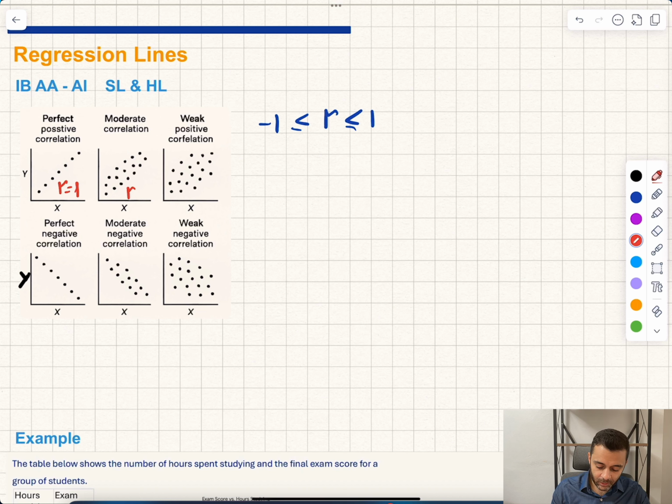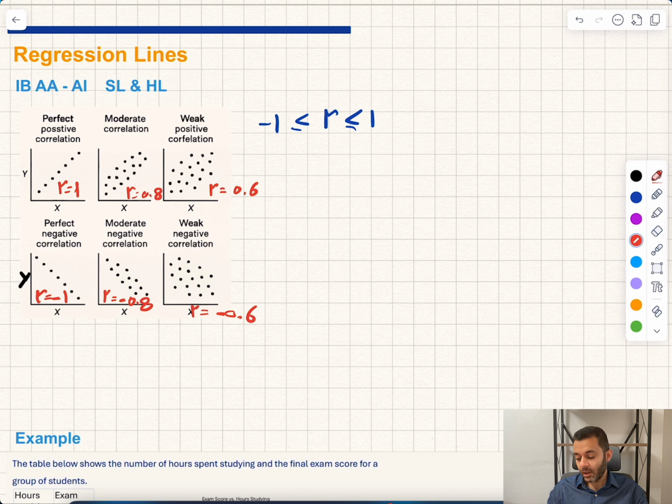Here it could be, for example, 0.8, moderate or fairly strong. Here R could be, let's say, 0.6, like it's weak. Here R would be -1, perfect but negative. Here, let's say, -0.8, and here let's say -0.6 or -0.7. So as you see, the closer R to 1 or -1, the stronger the correlation will be.